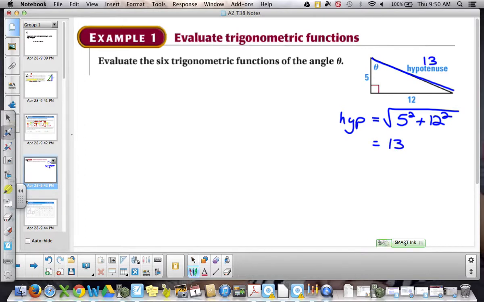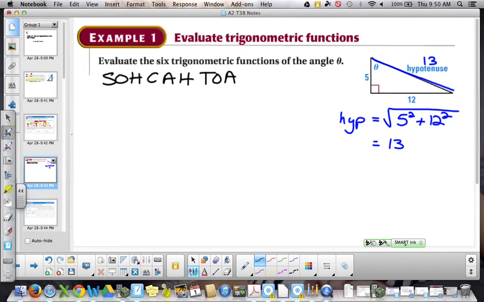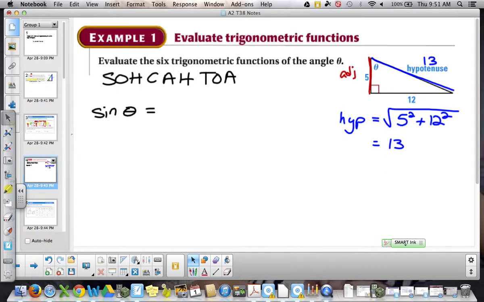All right, now the 6 trig functions. So let's start with sine, cosine, and tangent. So sine of theta is going to equal the opposite over the hypotenuse. So again, 13 is the hypotenuse. The other side that helps make our angle right here is the adjacent, leaving the 12 over here, the third side, as the opposite.